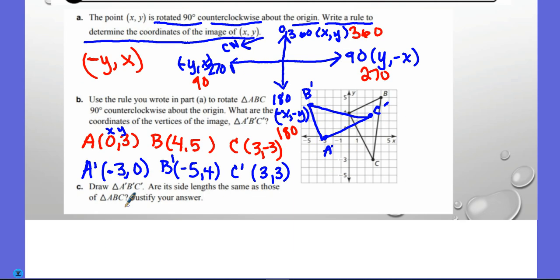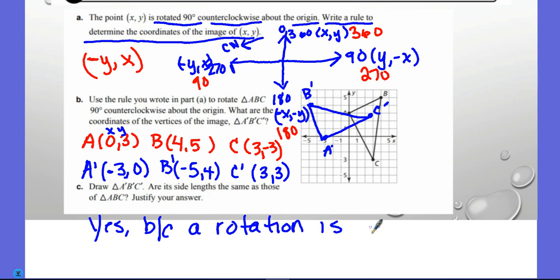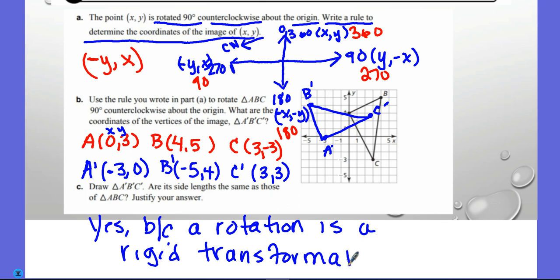Next it says draw triangle A prime, B prime, C prime, and are its side lengths the same as those of triangle A, B, C? Justify your answer. We're going to say yes, because a rotation is a rigid transformation, and we'll get into how we can prove this later on.